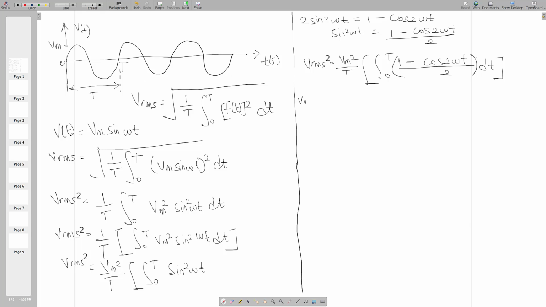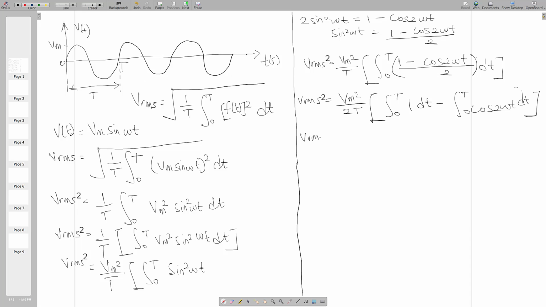So our VRMS equals Vm squared, bringing the 2 out, we will have 2T here. We will integrate from 0 to T: we have 1 dt over here minus integrating from 0 to T cos 2 omega t dt.